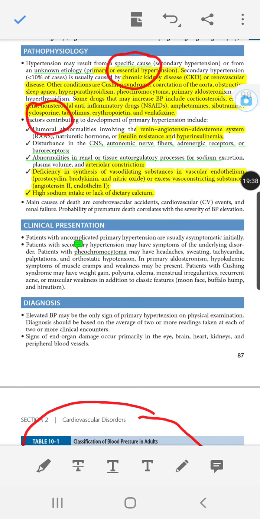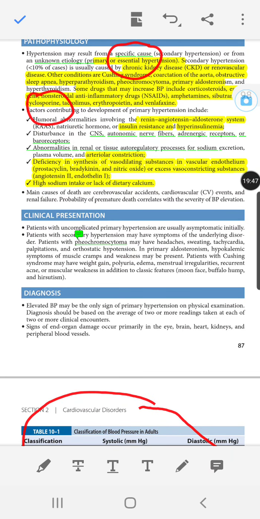Or if there is a high content of vasoconstrictive substances like angiotensin 2 or endothelin 1, then the blood pressure increases.